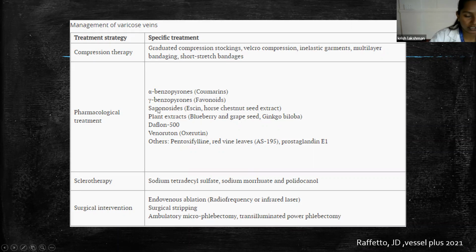In pharmacological treatment, we advise venotonic drugs, most commonly Daflon 500. There are a few studies, sir, which show that the tonicity of the venous wall increases relatively, and also the permeability.